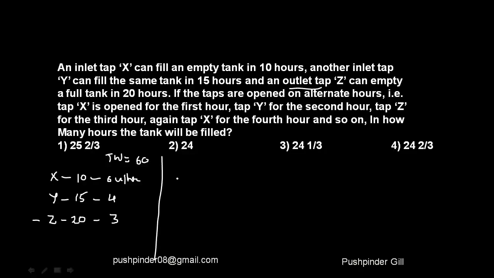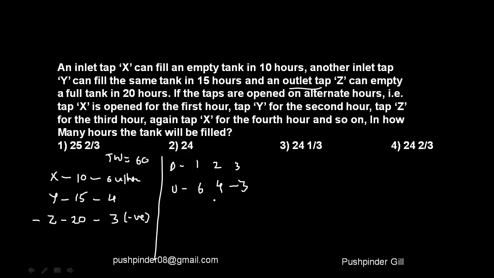Now let's see. These are the number of hours and these are the number of units. This is negative 3. On the first hour, it's the turn of X. He fills 6 units. On the second hour, it's the turn of Y. He fills 4 units. On the third hour, Z empties 3 units.